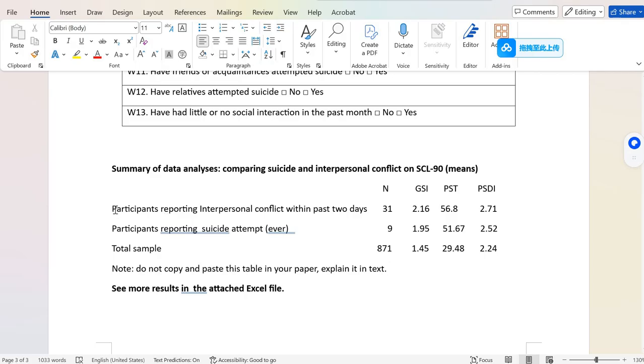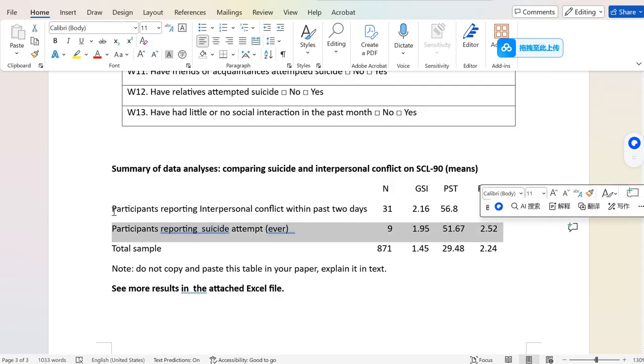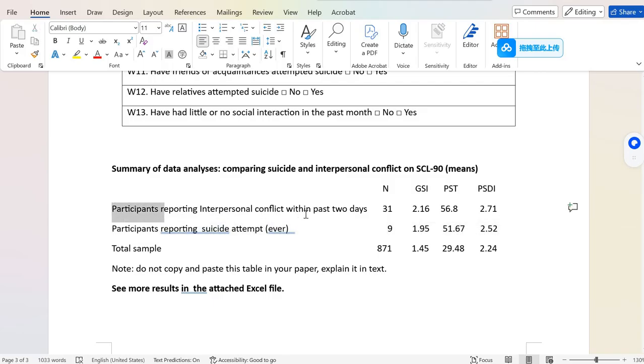We look at the groups. These are the groups being compared. The total sample had 871 people. Among these people, 9 reported suicide attempts. 31 reported having interpersonal conflict within the past 2 days.